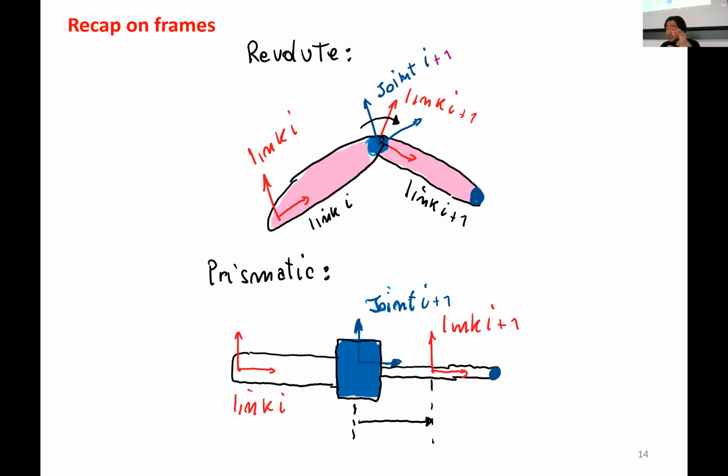I'm making this small recap for two reasons. One is that I'm going to base the next slides on this, but also this is different from the book that we put as a reference, because in that book they use the predecessor link to support the next one.